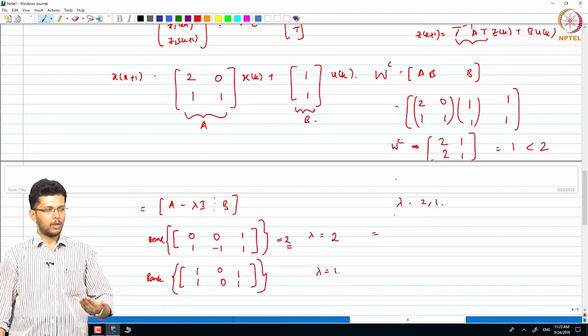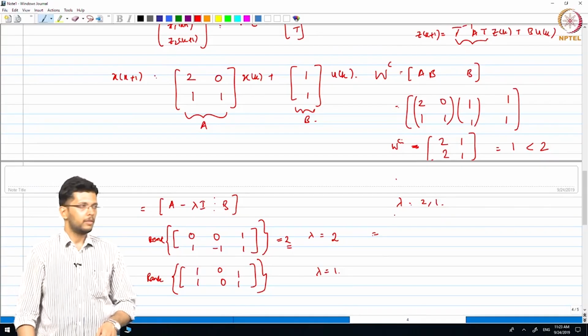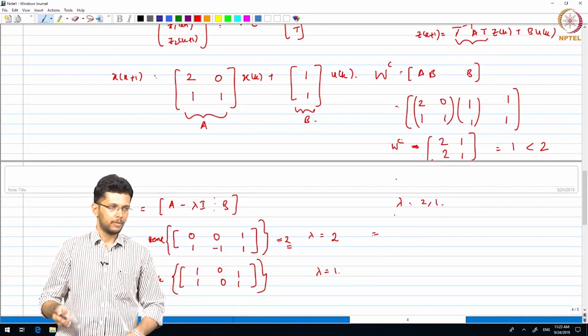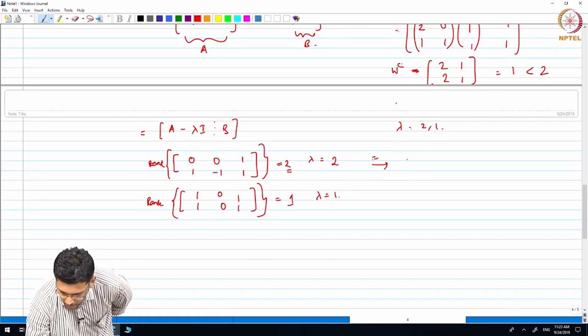Now we need to find which state is reachable and which state is not reachable. For that we are going to use the SVD condition. Here the rank is 1, so this is reachable and this is not reachable.